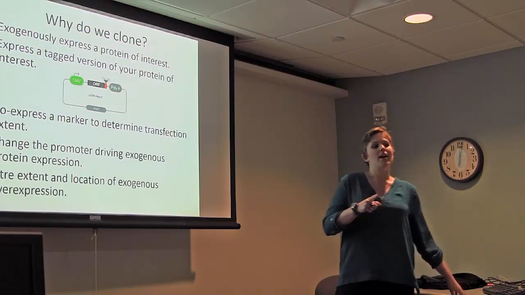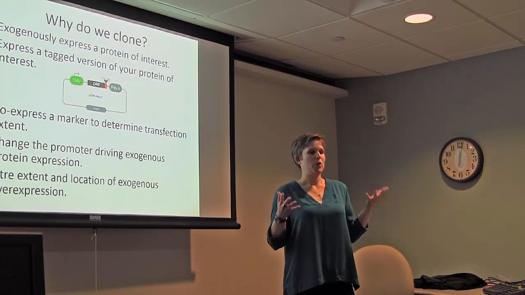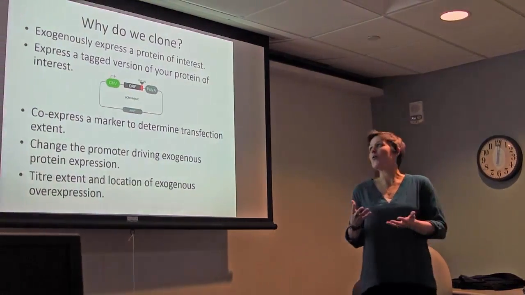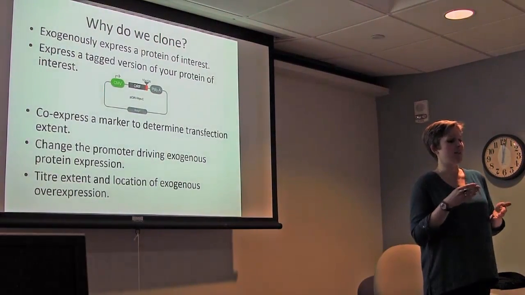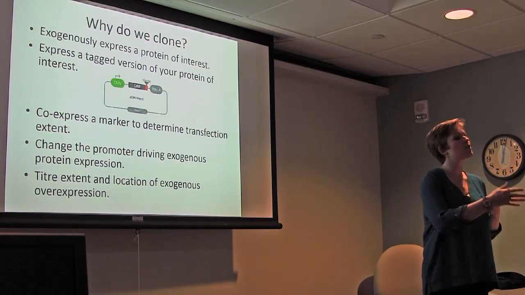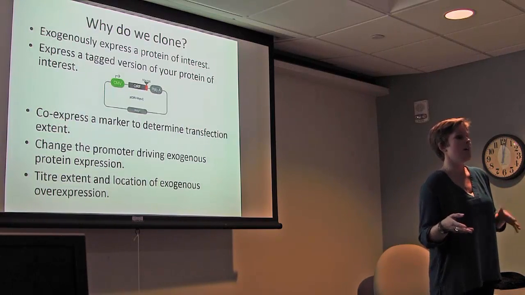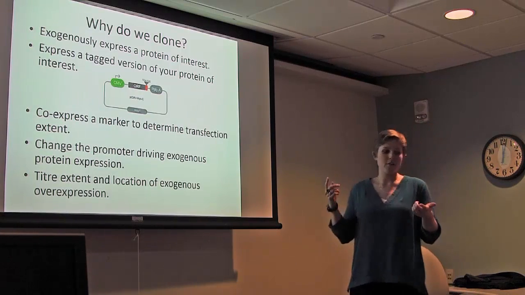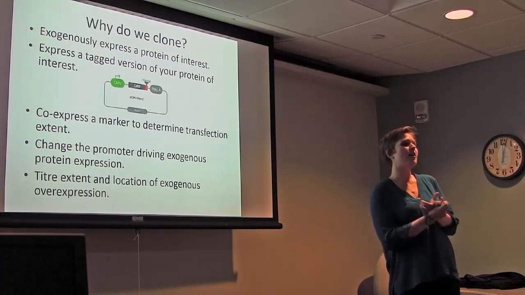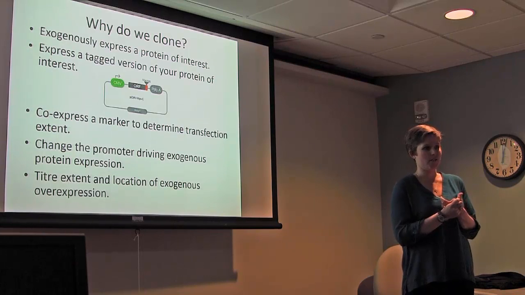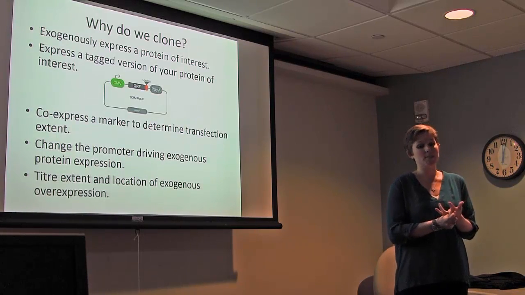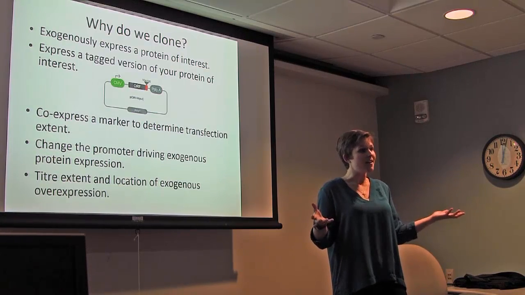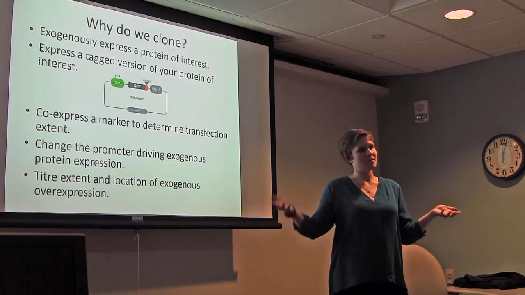The first thing that you would want to think about when starting a cloning project is, why am I cloning? The purpose of cloning is making it so you can express your gene of interest in any manner that you'd like. The questions you'd ask yourself are: do I want to have a tag on my protein of interest? Do I want my protein of interest expressed alongside a GFP so that I can see which cells I've transfected?